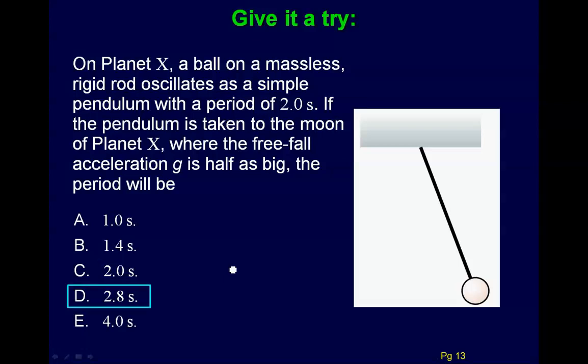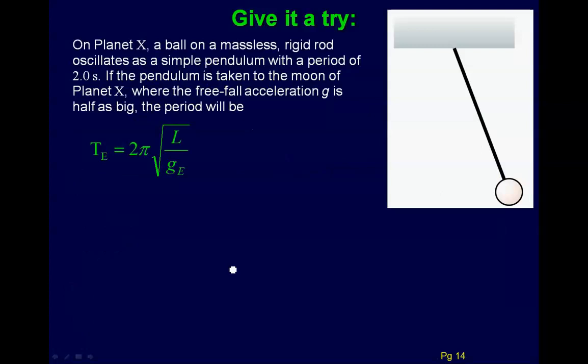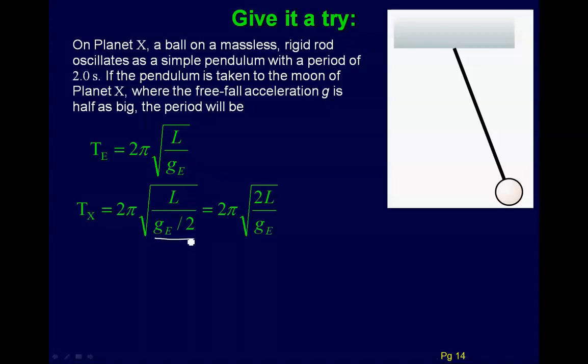Okay, so hopefully you got this answer here. So on planet X, the period, which I just call sub e, so I'm assuming it's kind of like the Earth, is 2 pi square root of L over g_e. On planet X's moon, the g is g_e divided by 2. And so I divide by 2, which is the same thing as bringing the 2 upstairs over to here.